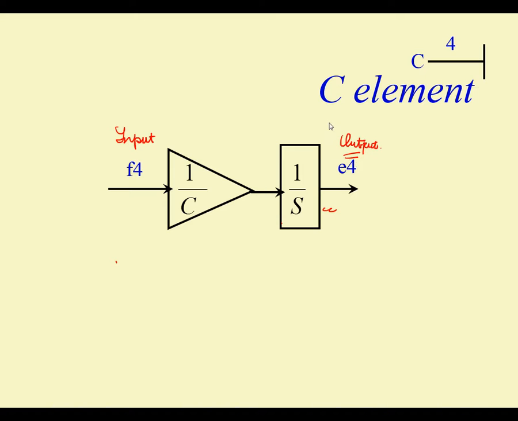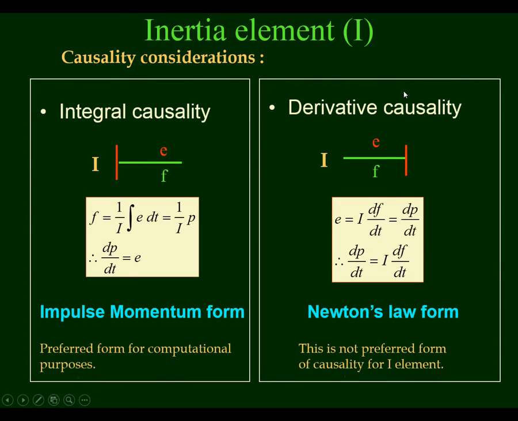So it's 1 over C times the integral of I dt, which is 1 over S, and then obtain E sub 4. So that's the C element.